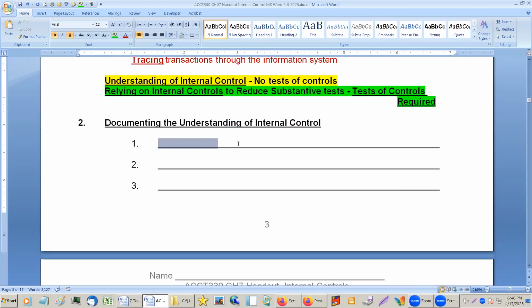And internal controls, you document them 3 ways. You can use any one of these, or all 3 of them. The first one is the internal control questionnaire.